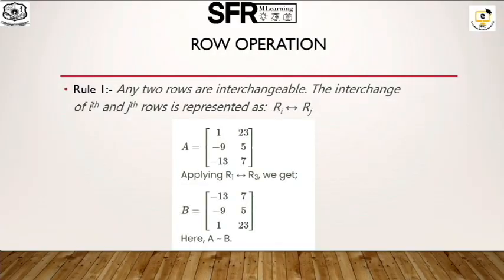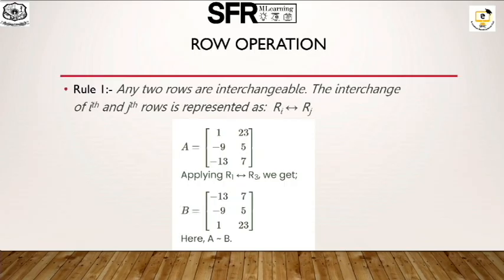First we are going to see an example based on rule 1. Rule 1 is that any 2 rows are interchangeable. In this example, the matrix A contains 3 rows and 2 columns.